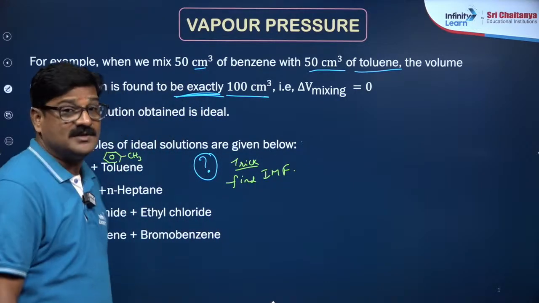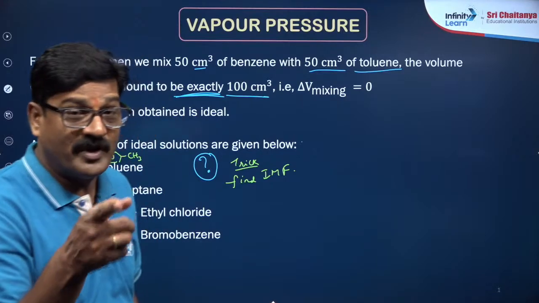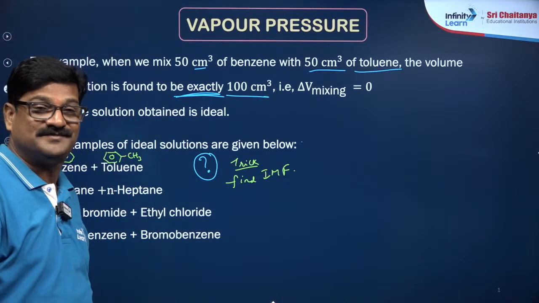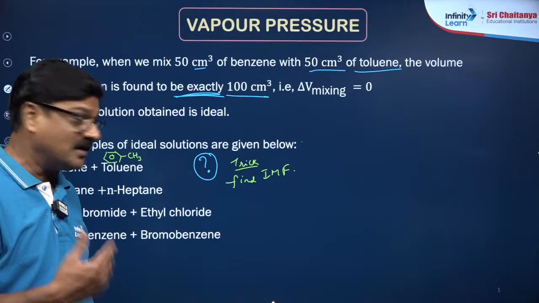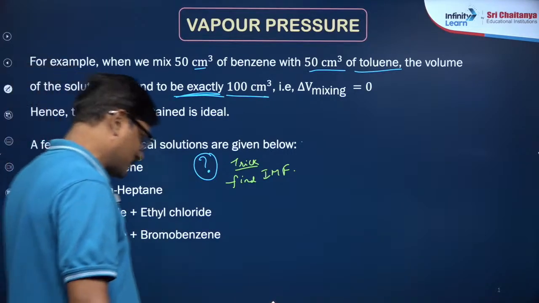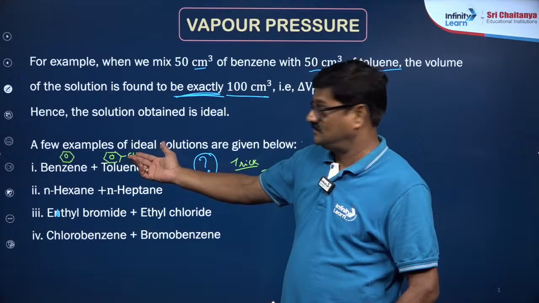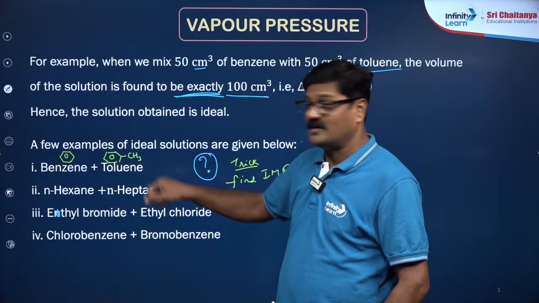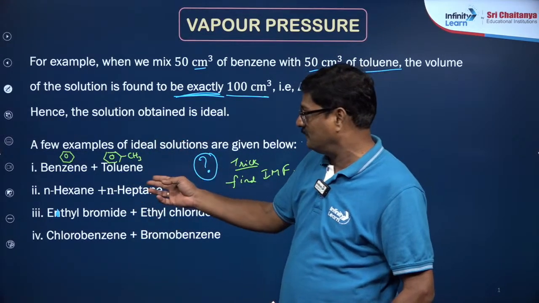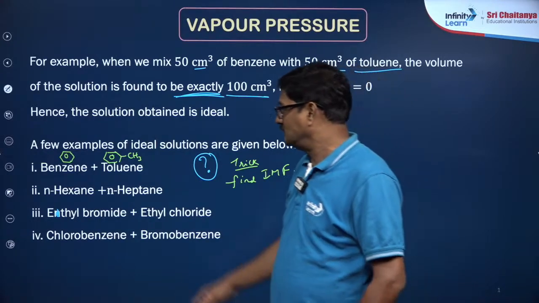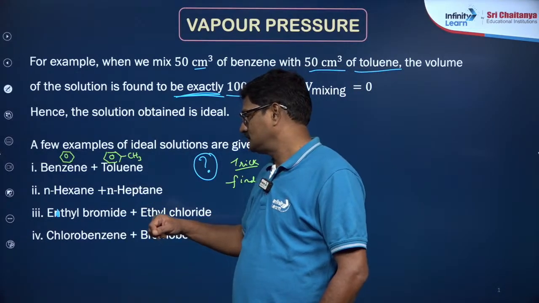Grade 11 states of matter, first page, NCERT book, you have intermolecular force. If you read that, you will understand what kind of intermolecular forces are there. Van der Waals forces: n-hexane, n-heptane, alkane, alkane, Van der Waals force, London dispersion force.